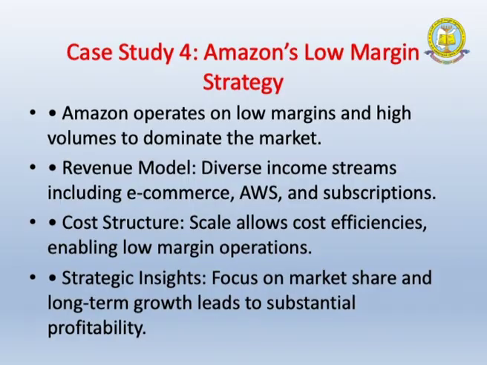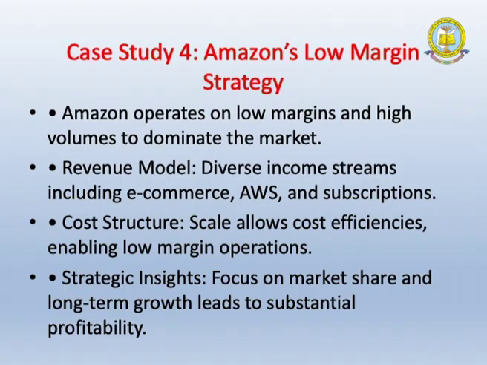They operate at thin margin, but because of the volume, they are consistently making profit. Okay, this is one model. Amazon follows this model. It operates on low margins and high volume, and they may get thin margin, it's okay, but because of the high volume, they are dominating the market.